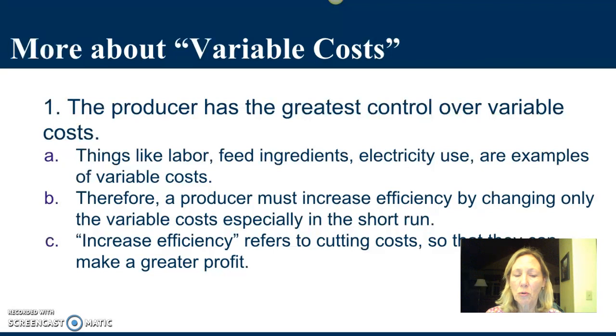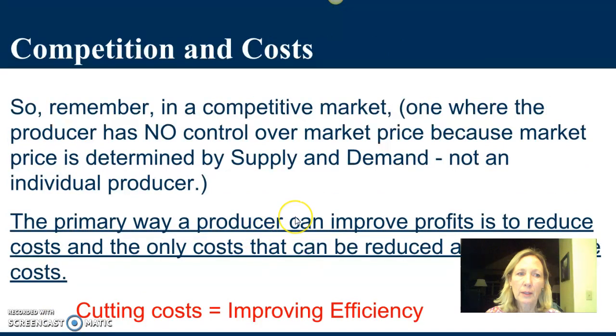The things that you can control are labor, perhaps change your feed ration, reduce your electricity use, and consider other factors that have to do with variable costs. So a producer has the greatest control over variable costs, and by cutting your variable costs, you are increasing your efficiency, and that allows you to remain profitable.